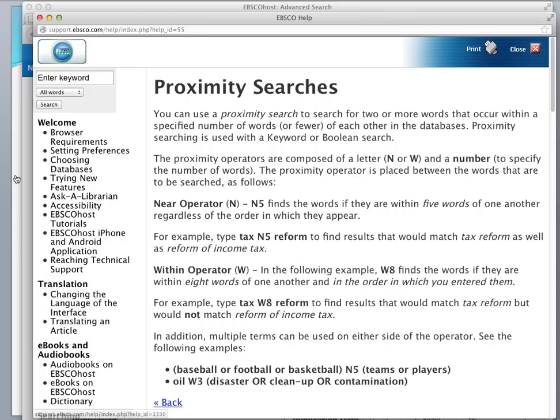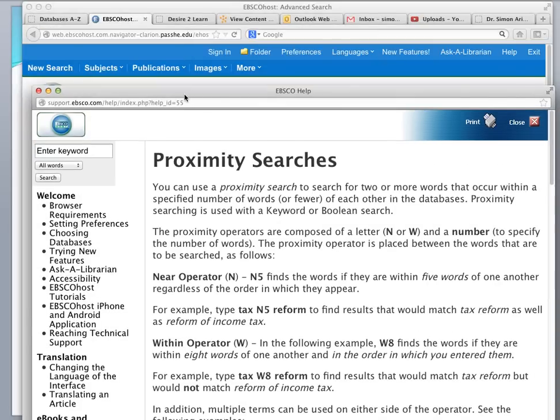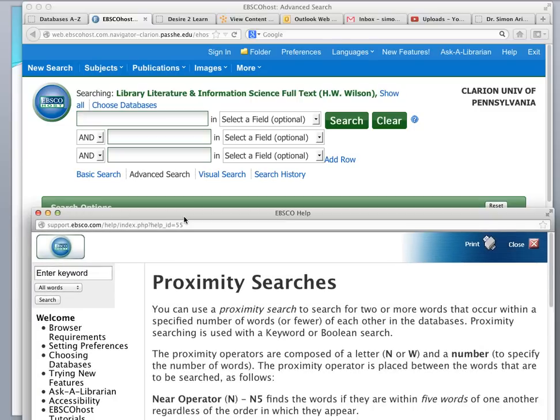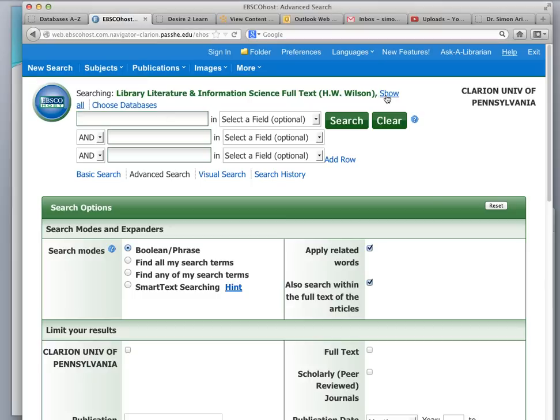And the database we are exploring here, or the provider, is Academic Search Complete, and we are using, in this case, Library Literature and Information Science Full Text, and Library, Information Science and Technology Abstracts. Of course, this provider, EBSCO, uses the same structure in almost all of their products. But in any case, it's always a good idea to go to the help file.